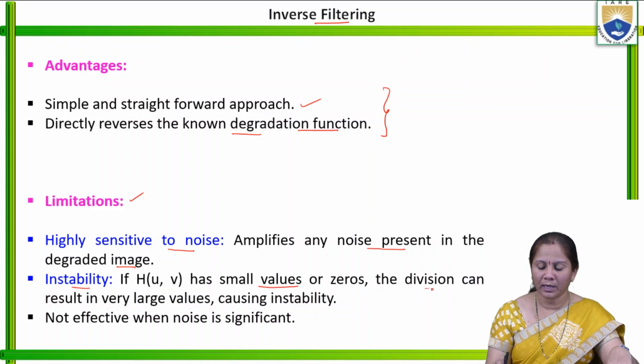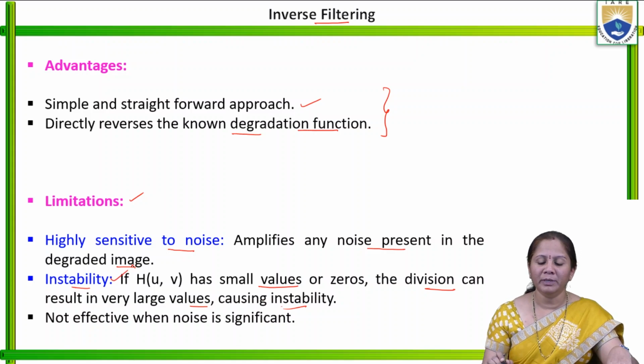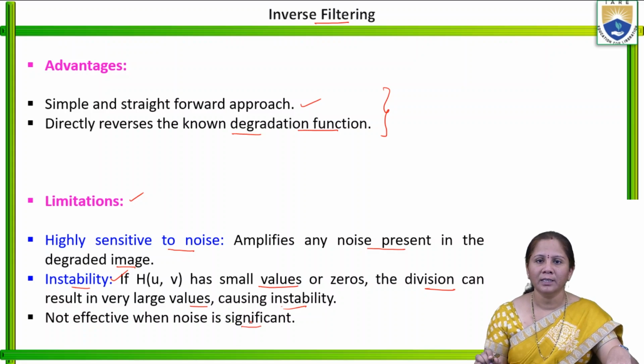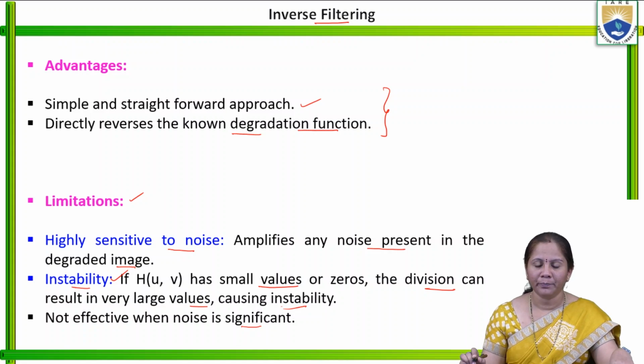In the formula, the division can result in a very large value, which causes instability. So this instability is the limitation of inverse filtering, and it is not effective when noise is significant because the noise changes randomly. So this is what inverse filtering is about.